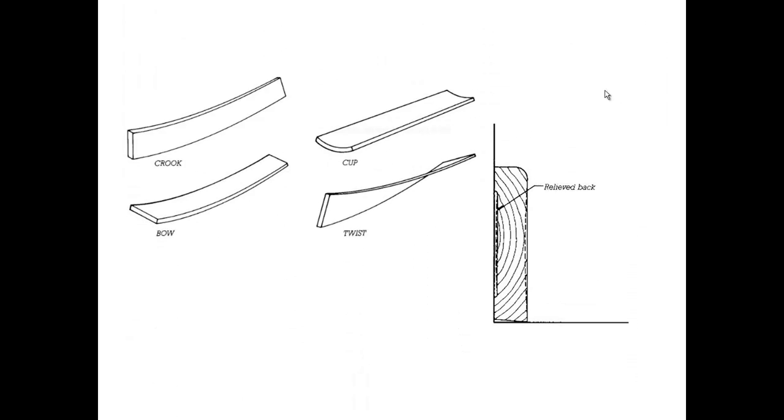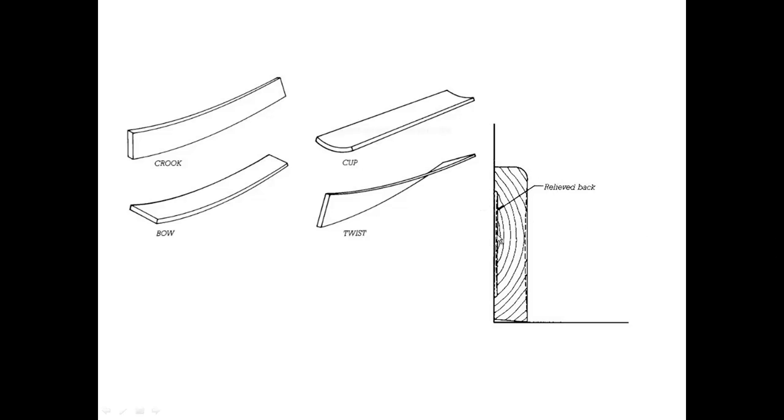We can see some of that here where the wood can crook, it can cup, it can twist, it can bow. So all of those things can happen. If we were to put a piece of pine on a wood base and it's not completely dry and we put paint on it, when you look at the end of it, you'll see that it's actually cut out.